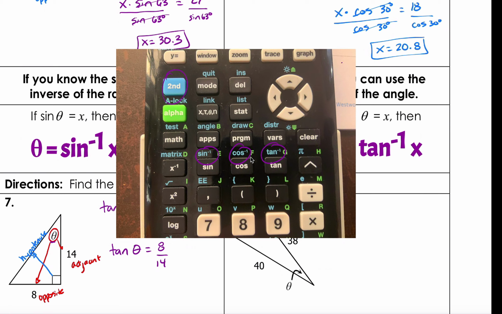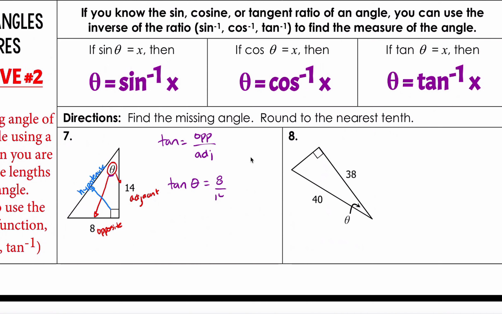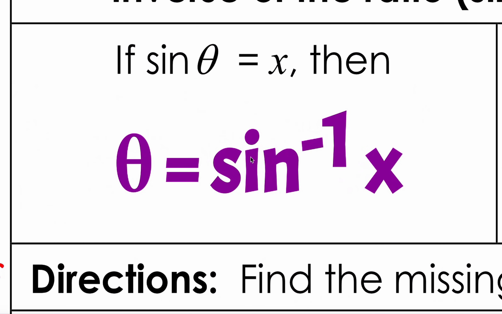Okay, so for instance, if I have sine theta equals x, in order to get the theta by itself, I would have to take the inverse. What's the opposite of doing sine? Well, the opposite of doing sine is inverse sine.